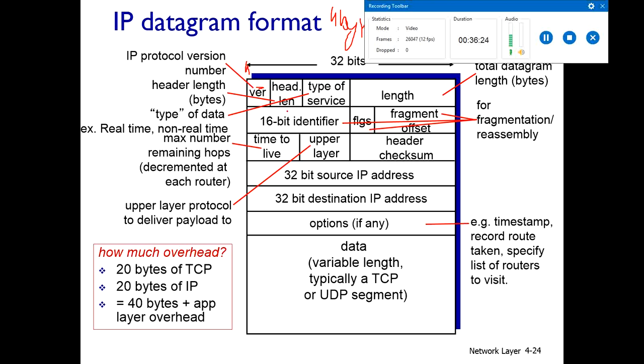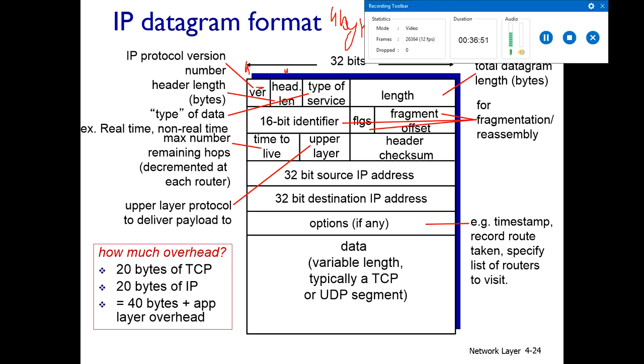Because IPv4 can contain a variable number of options, the header length is again 4 bits. These 4 bits are needed to determine where in the IP datagram the data actually begins. So header length tells us the number of bytes of the IP header which this IP datagram is carrying.